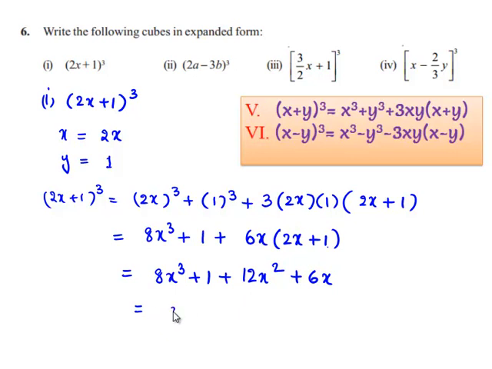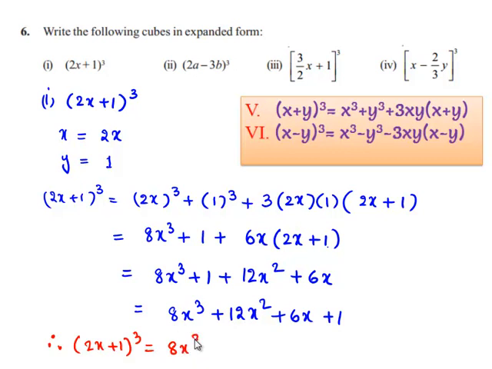This becomes 8x cube plus 12x square plus 6x plus 1. Therefore, (2x + 1) whole cube is equal to 8x cube plus 12x square plus 6x plus 1.